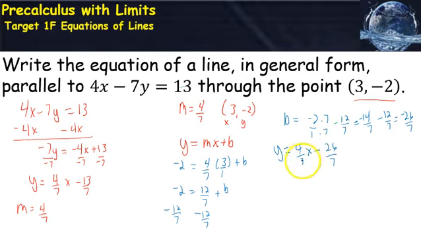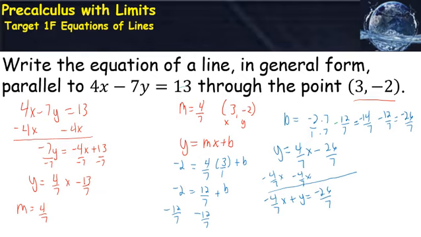And again, I need this in general form, so x and y have to be on the left-hand side, x has to be positive, and there can be no fractions. So I'm going to subtract 4/7 x, and I get negative 4/7 x plus y equals negative 26/7.